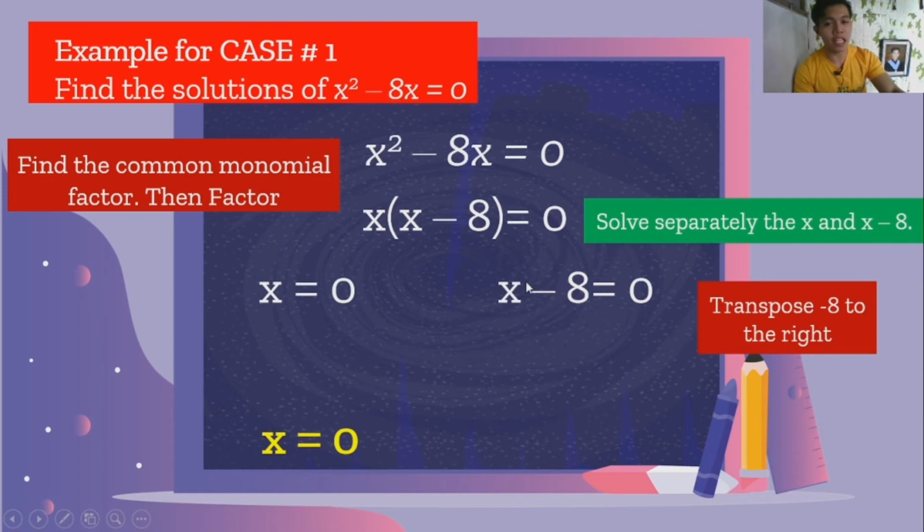So, kapag naglilipat tayo ng negative number sa kabilang side, magiging positive. Okay? So, x is equal to 8. Sorry. So, ang sagot dito is x is equal to 8. Therefore, the solutions of x squared minus 8x is equal to 0 are x is equal to 0 and x is equal to 8. Okay?